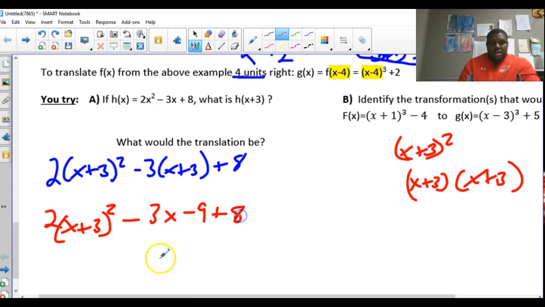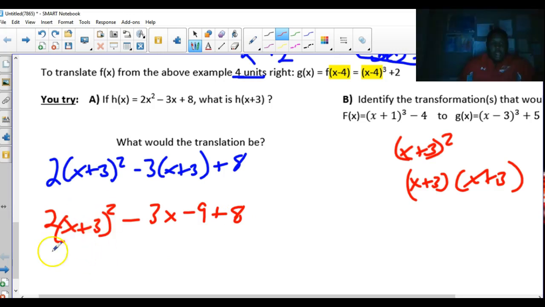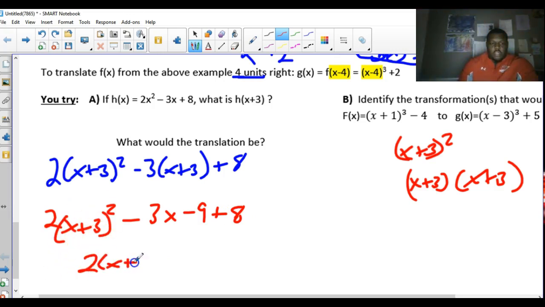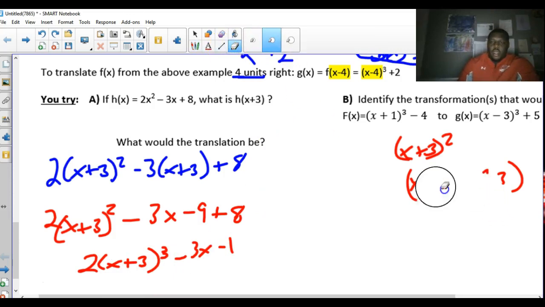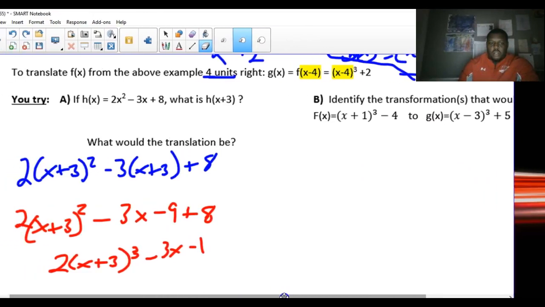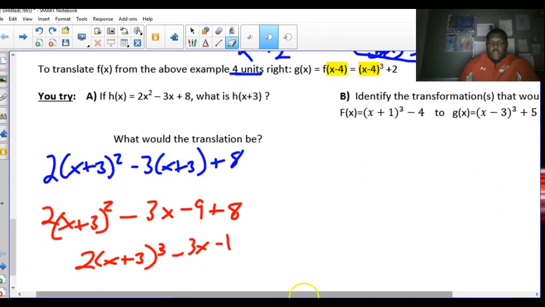Then let's simplify it one step further. Well, it does simplify, but for the sake of identifying the transformations, we're not going to do it. So we get 2 times x plus 3 squared minus 3x minus 1. Negative 9 plus 8 is negative 1. Okay. There's our function right there. All right, over here for B, I just want to talk through this. Oh, wrong thing.